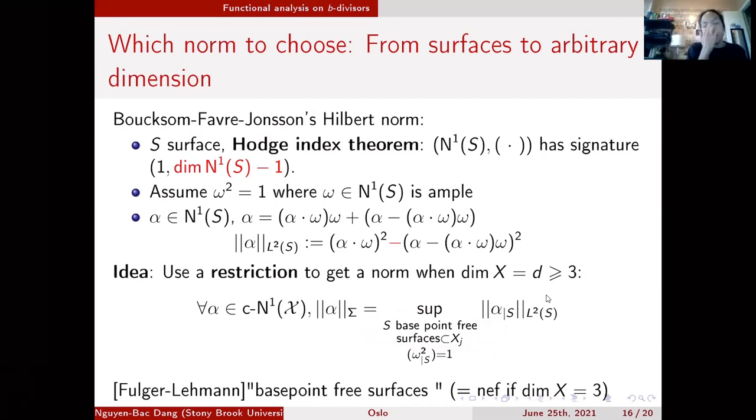So I take all the surfaces that move in a good way, and moving in a good way means base point free, and this is the notion invented by Fulger and Lehmann. And for all those surfaces, you can do this.